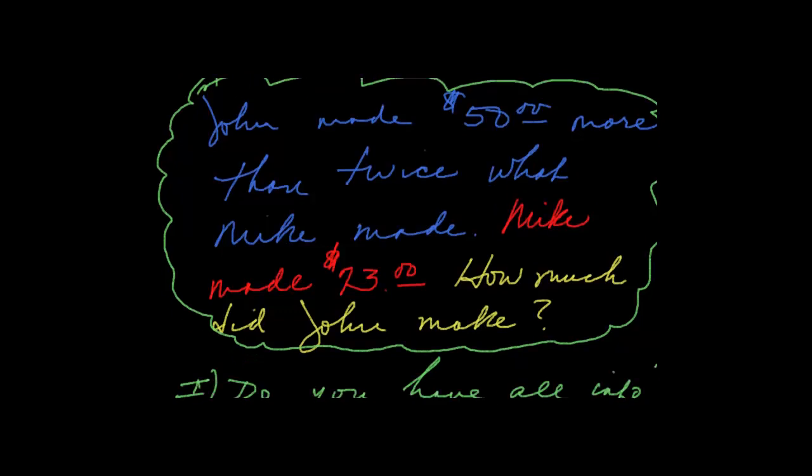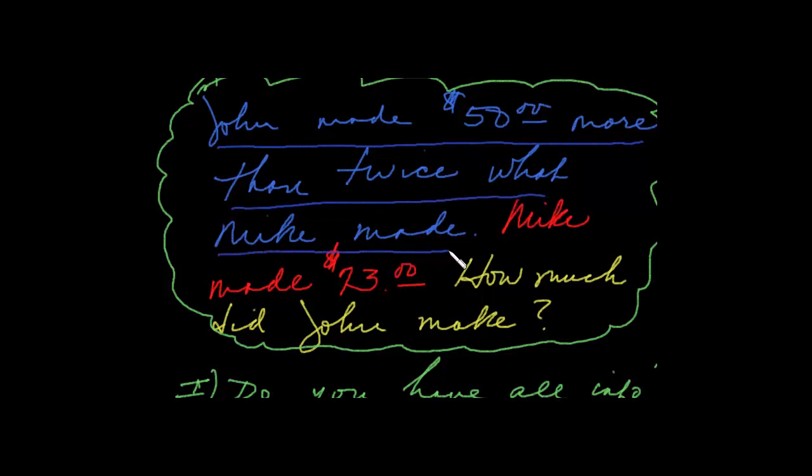The part of the statement that is written in blue lends itself very nicely to an algebraic expression. That is to say, we can translate that information into an algebraic expression independent of the other two statements. We're going to do that now.